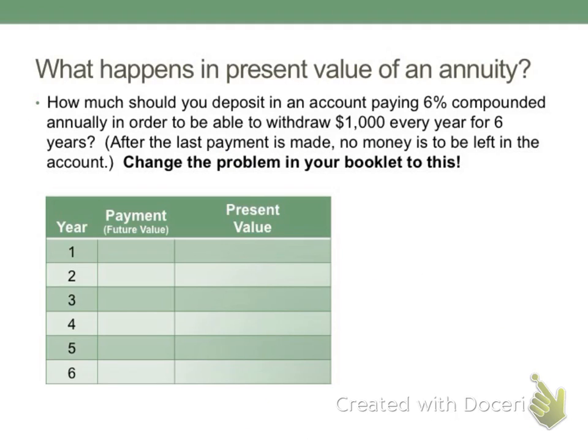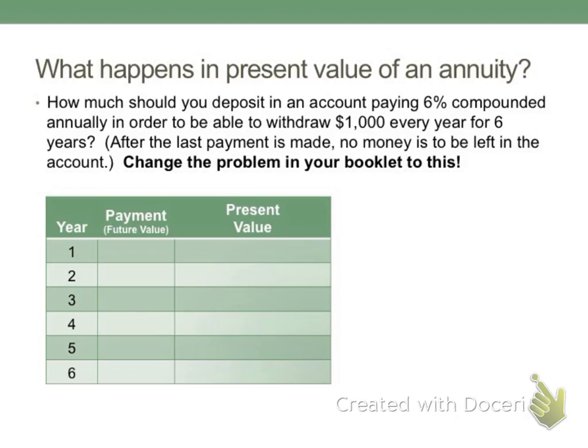All right, so here's the problem, and we're going to change this problem from what's in the book. We're going to make this a little bit simpler to start. So, how much should you deposit in an account paying 6% compounded annually in order to be able to withdraw $1,000 every year for 6 years?